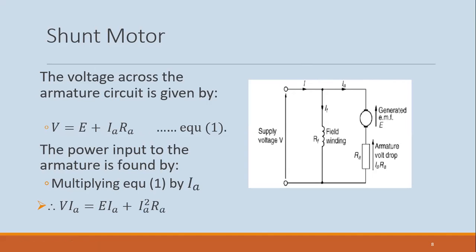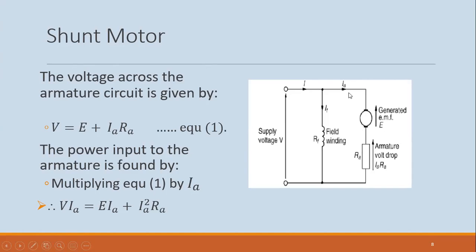So a little bit of manipulation here now to work out what the power relationships are in the machine. The voltage V across the armature is E plus IA RA.